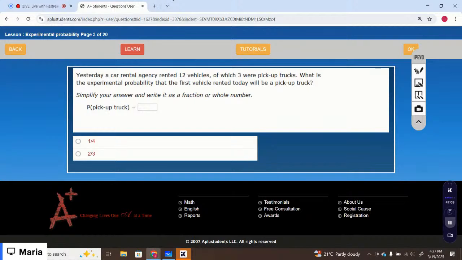Yesterday, a car rental agency rented 12 vehicles, of which three were pickup trucks.